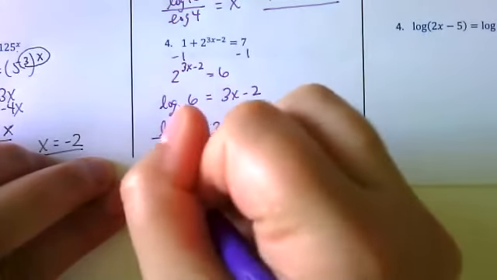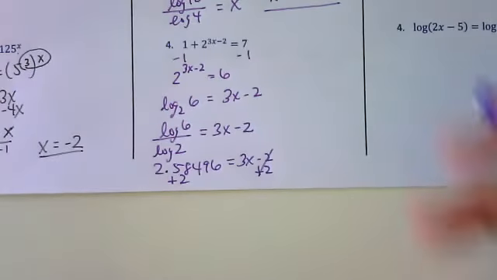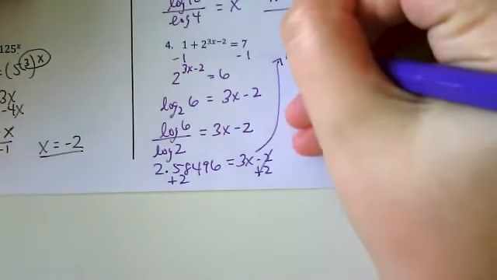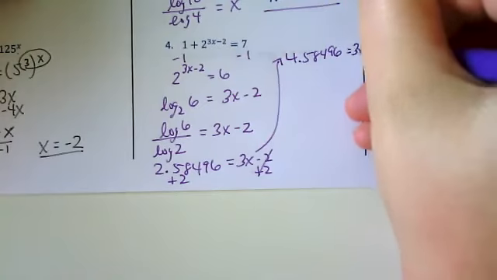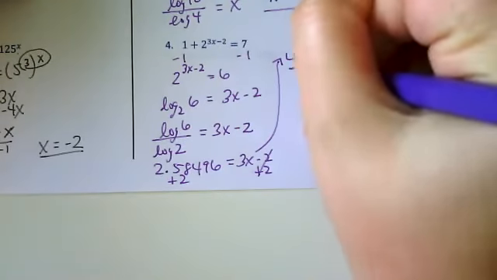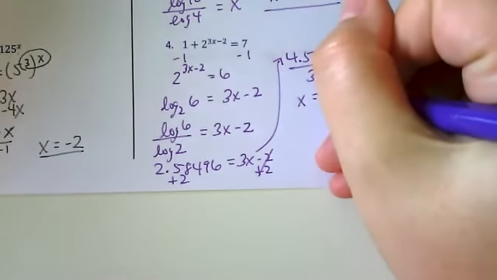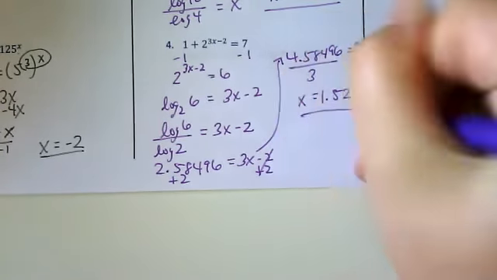I'm going to add 2 to that to get rid of the 2 here. So I get 4.58496 equals 3x. And then to get rid of that 3, I'm going to divide both sides. And then my final answer, I'm going to round it there. So remember, in your calculator, you are leaving your number unrounded, and you are just following through with all of your steps. So for x, I get 1.528. And there's my final answer.